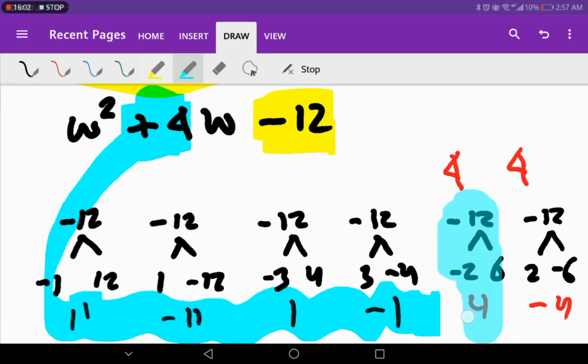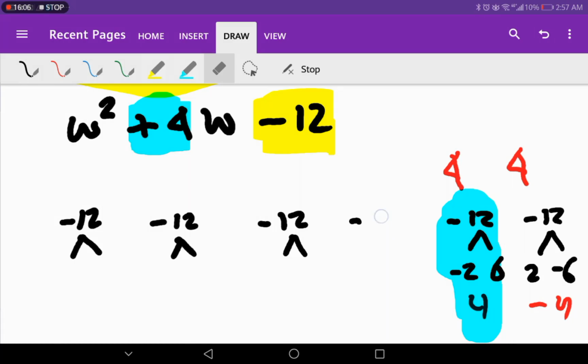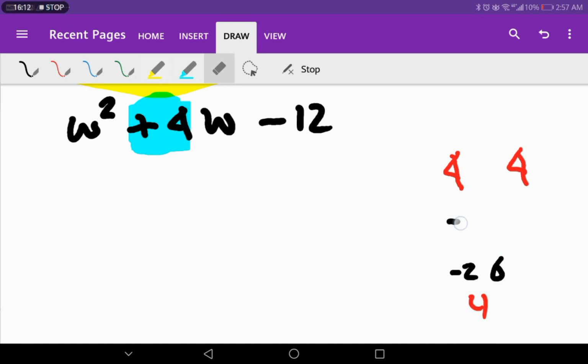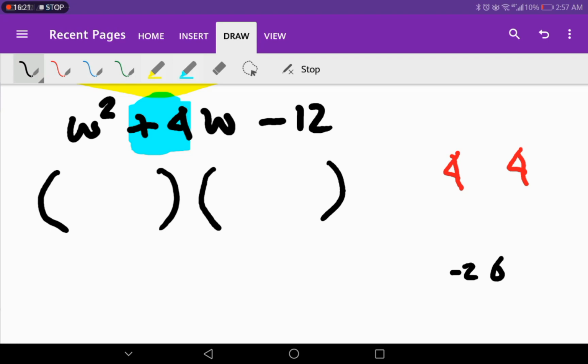Yes. So I'm so happy. So delete all the factors here. I don't need them because they don't help me. And keep the factors. The first I will draw like this and this and this and this, and the factors are negative 2 and 6.